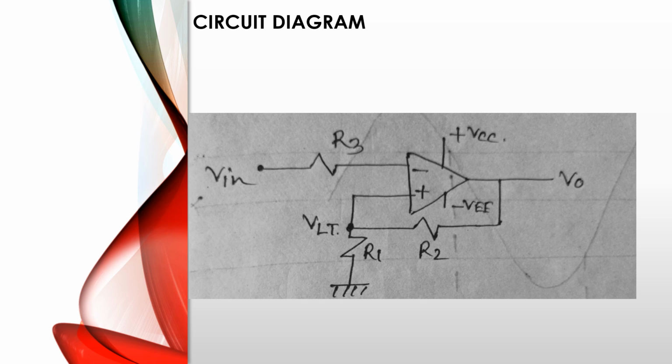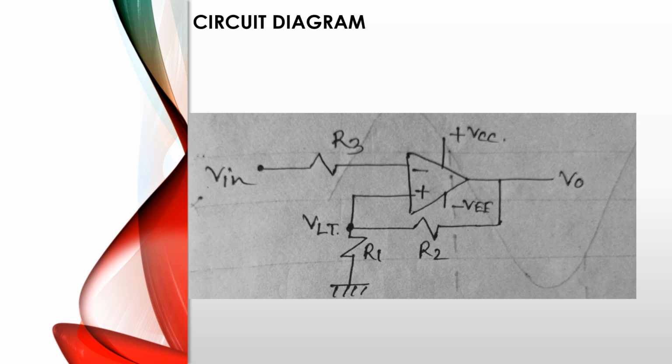As the input voltage is increased slightly, a point is reached where the input voltage is more positive than the upper threshold voltage. When this occurs, the op-amp is driven into saturation as the error voltage changes its polarity. This negative voltage is called the lower threshold voltage, and the output will remain in this state as long as the input voltage is more positive than the lower threshold voltage.